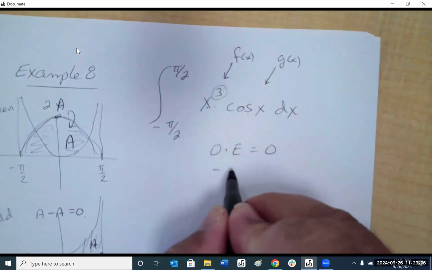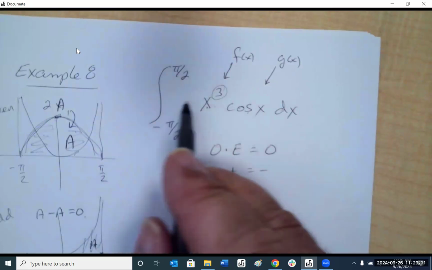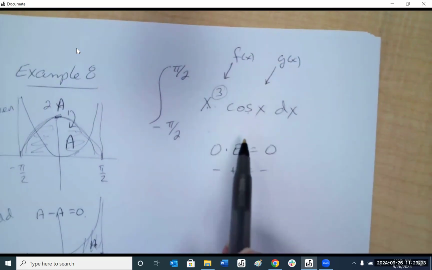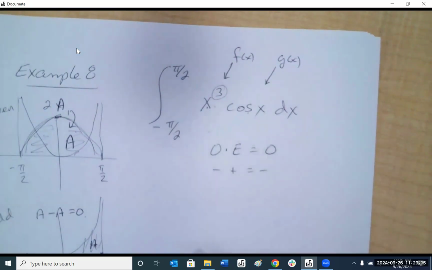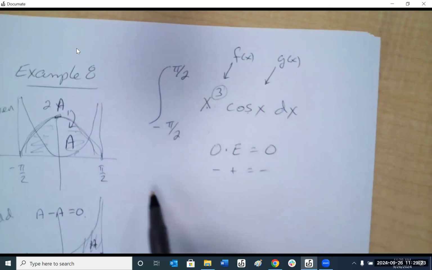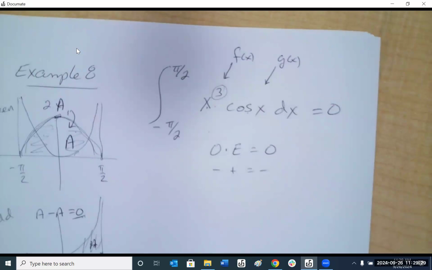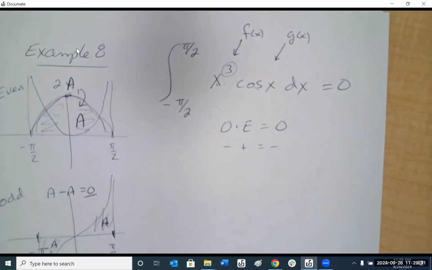Think of negative times positive is negative. So therefore, your integration answer will be the answer of the odd function. So what is the integration of the odd function from negative pi over 2 to pi over 2? 0. Sometimes we can just look at the functions and determine what is going to happen.